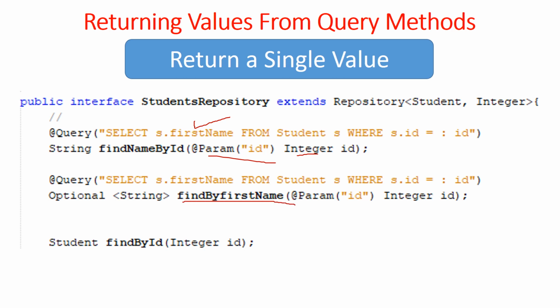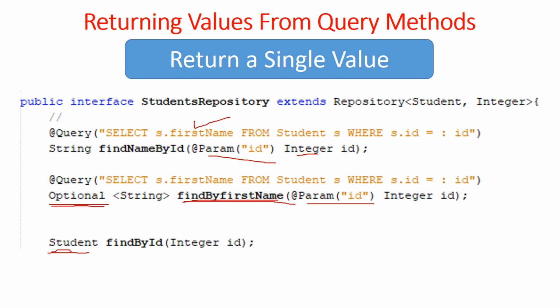This is the query method name and this is the parameter, and we use Optional. This Optional means that there is some possibility of results, that some results occur or not, then we use Optional.